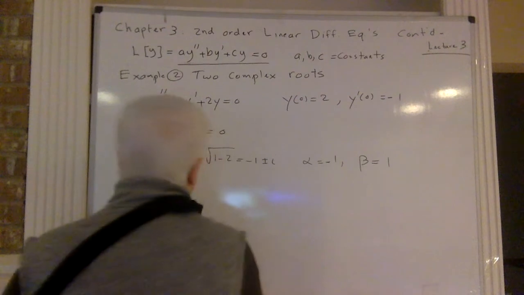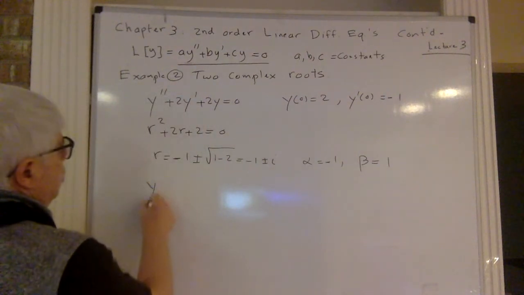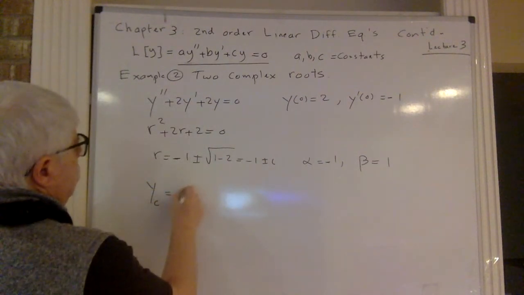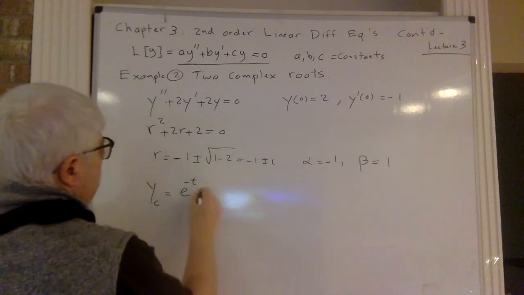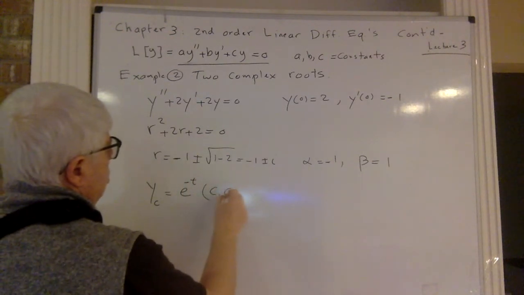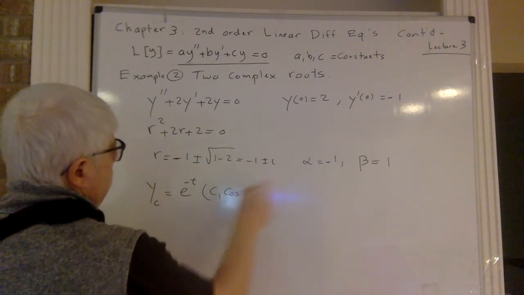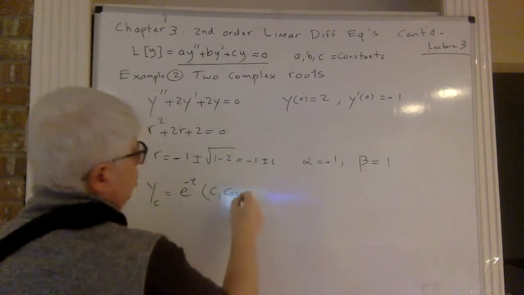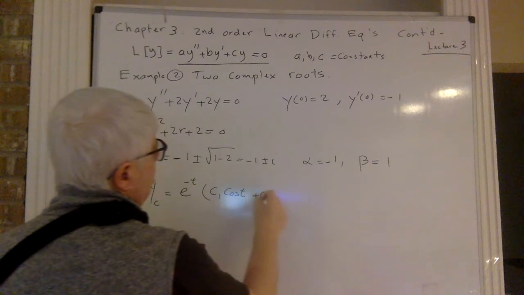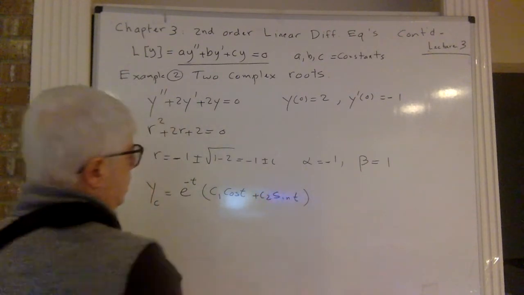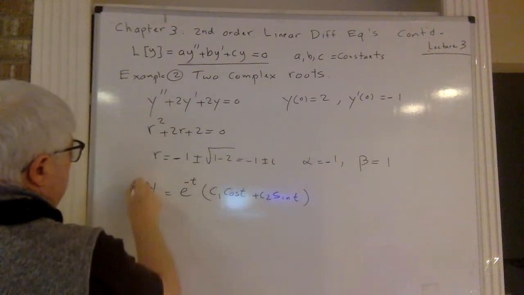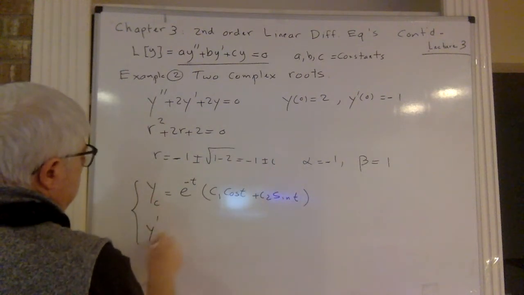Okay. So the complementary solution, the general form, will be e to the power minus t times c1 cosine t plus c2 sine t, since beta is 1 here. And I need y prime, so let's write y prime c.